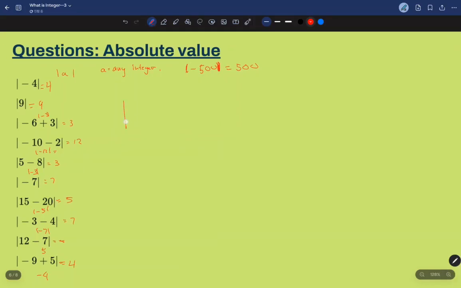What's important is that whenever this symbol is there, the result cannot be negative. Remember this. It's as simple as that.